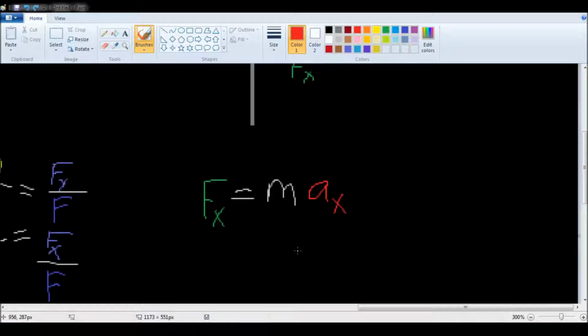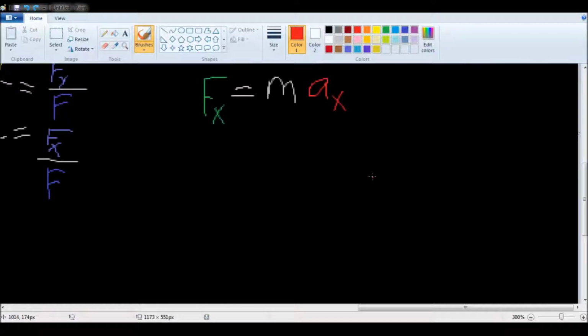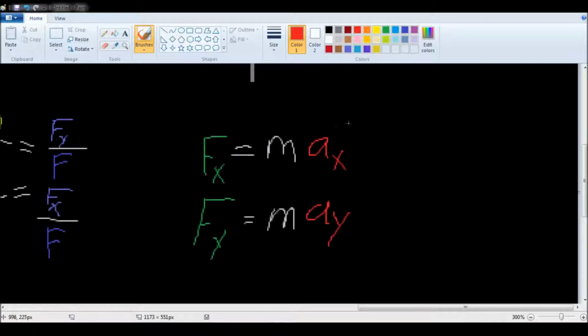So what you can see here is, okay, now we have two equations, or I can write the second equation. We'll have f of y equals some quantity m a y now. And now we have two equations with, if we're given that our acceleration is 0, both of these terms are 0, because if you have something that's not moving, it's not moving in both the x and the y direction, so it's sitting at wherever it is, and it's not moving.